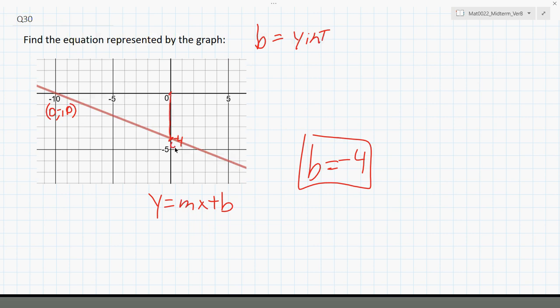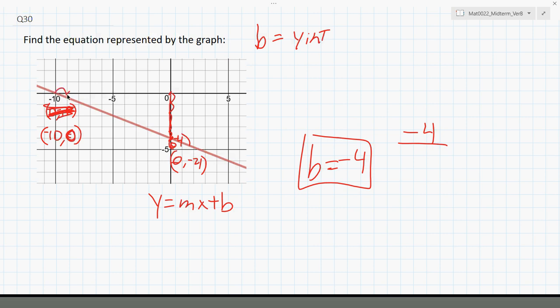But for the other part, we need to find 2 points to get our slope. And this, is it 0, -4? Yeah, this is 0, -4. And this one over here is actually -10 at 0. And we can rise over run these, or I could just say that I'm going to go 4 down. So I rose -4, because I went 1, 2, 3, 4.